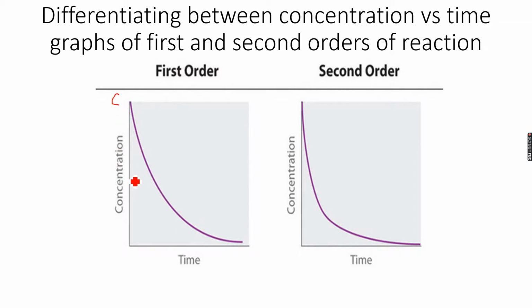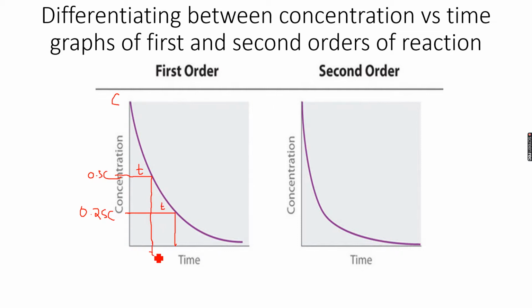So in first order reactions, this will be around 0.5 C. We can draw this line over here and here. Basically, this time t is the time taken for C to go to 0.5 C. Now if we halve it again to 0.25 C, you can see that this time and this time have similar widths.